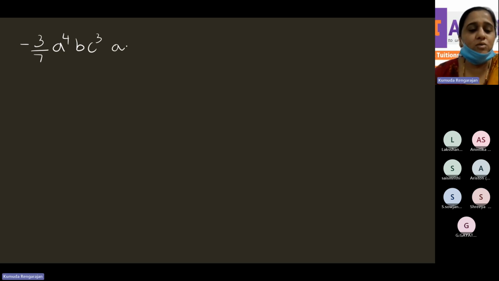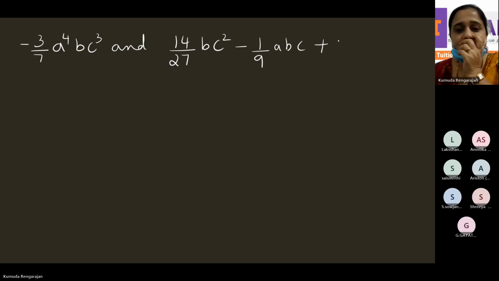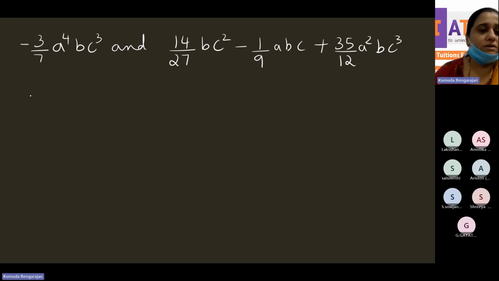Find the product of this monomial and this trinomial.